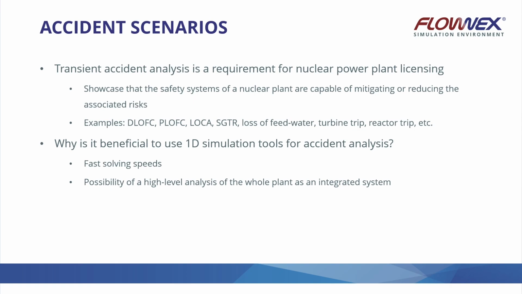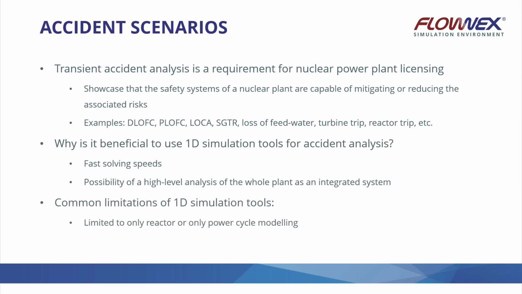However, 1D simulation tools can simulate larger systems much faster with much less computing power. Yet, one of the limitations of many 1D computer codes is that they are limited to only reactor modeling or only power cycle modeling. Flownex, however, has the capability of modeling an entire nuclear plant from the reactor up to the power cycle.